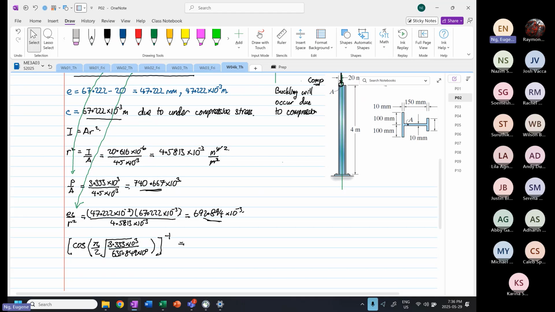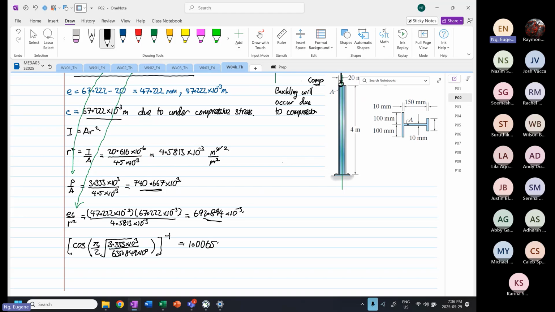So cosine, pi divided by 2 times by square root, you open bracket, 3.333 power 3 divided by 635.849 power 3, close bracket, twice, and power of -1. So I get 1.0065. Let me do it again. So 1 divided by cosine, or you can do 1 divided by cosine, it's the same thing.